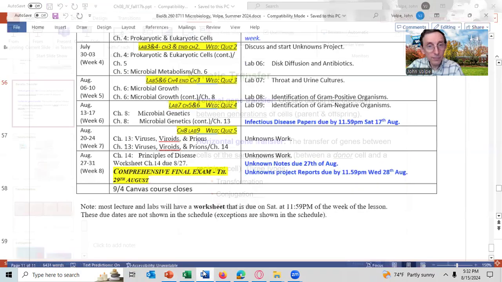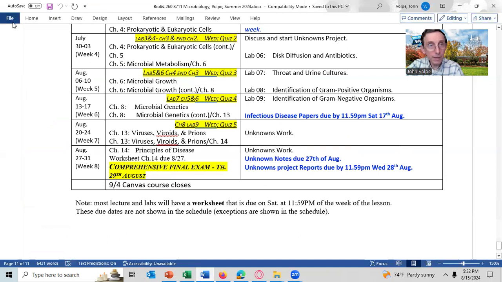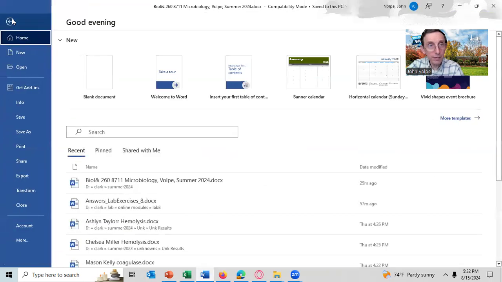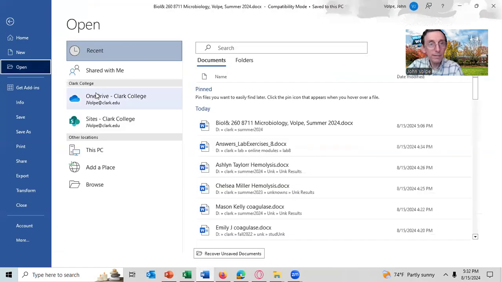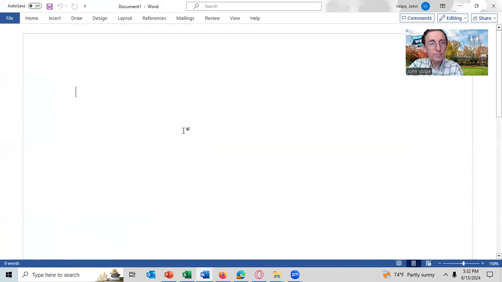I'm talking about for gram negatives like E. coli, just because I happen to know the answer, but it's fairly similar for gram positive cells. Let me open a new file here, in large print so you can see this.